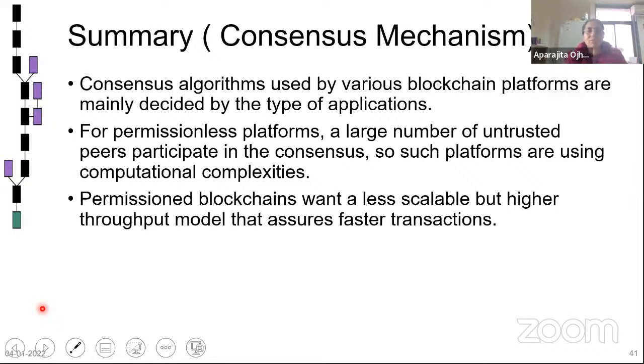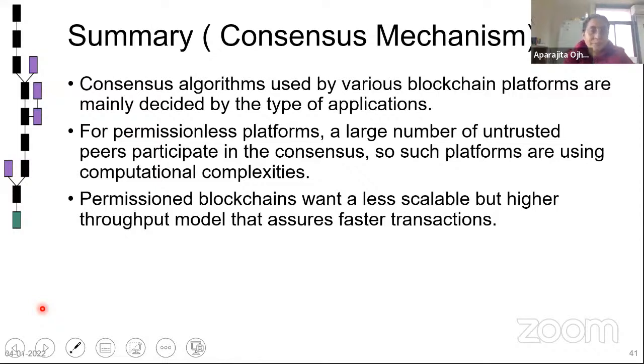I am sure that you will be able to find out the difference between proof of work, which is compute intensive, proof of stake, which depends on the reputation of the nodes and the wealth that the node has, and the proof of burn, which again depends on the risk a person is able to take to verify or to create blocks, so that at a later stage he gains more.